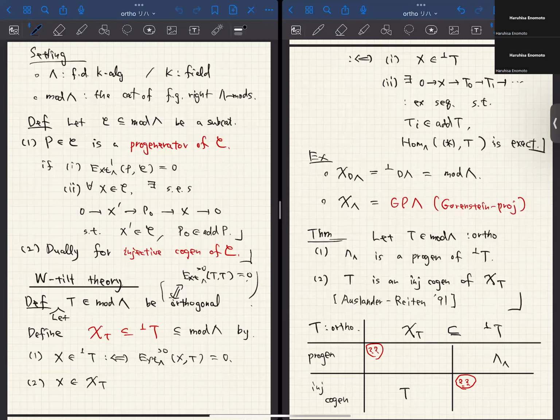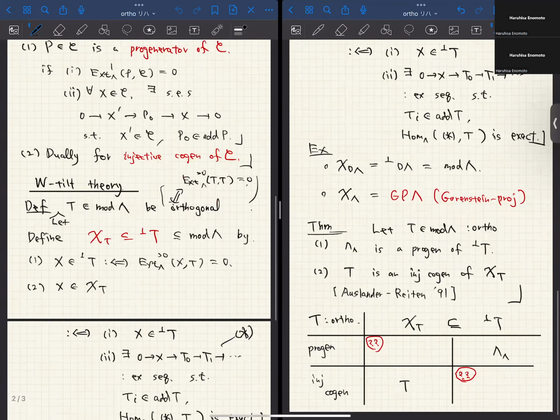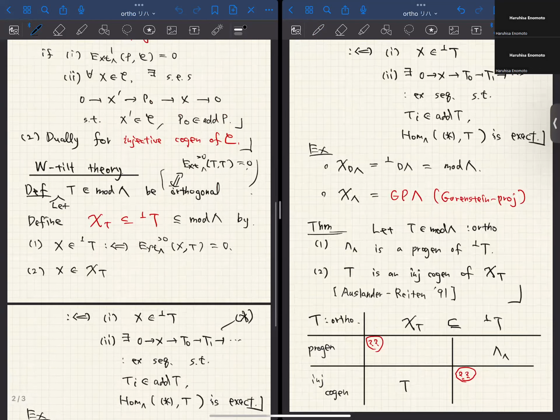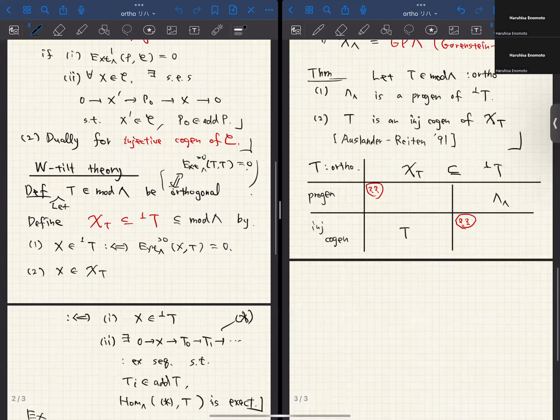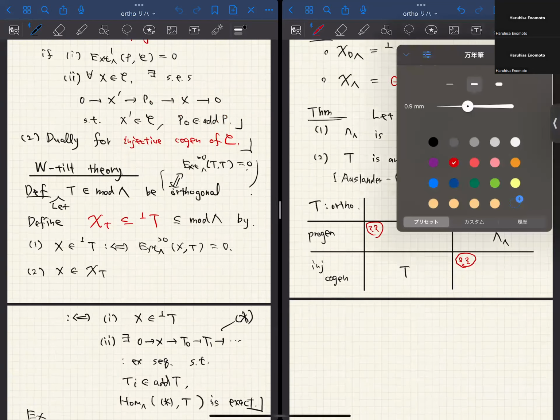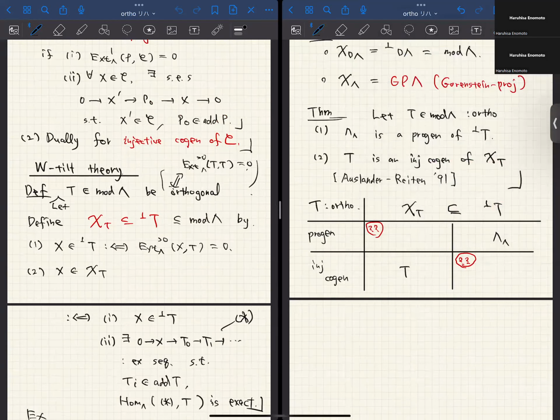And the first thing I want to recall is the theory of cotilting modules, which was established by Auslander. So let T be a lambda module.